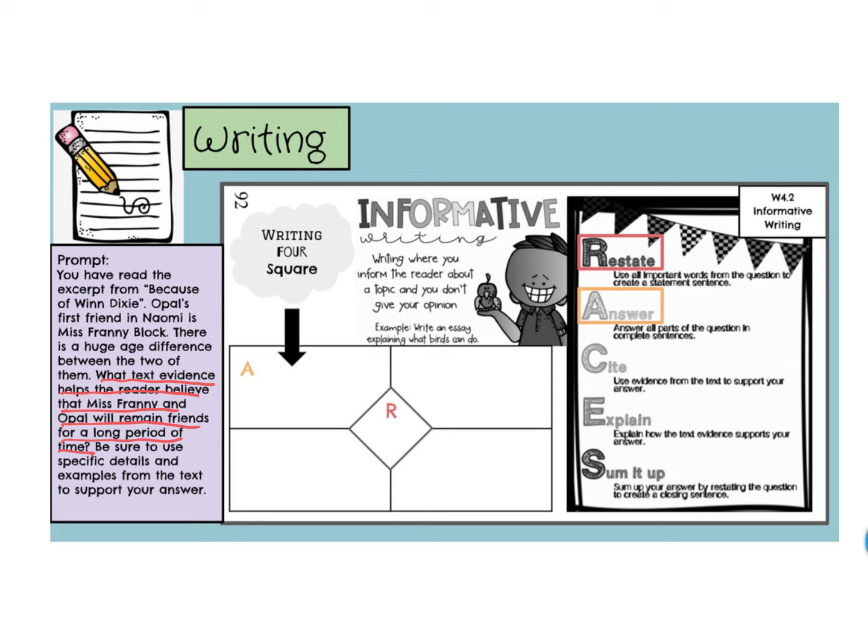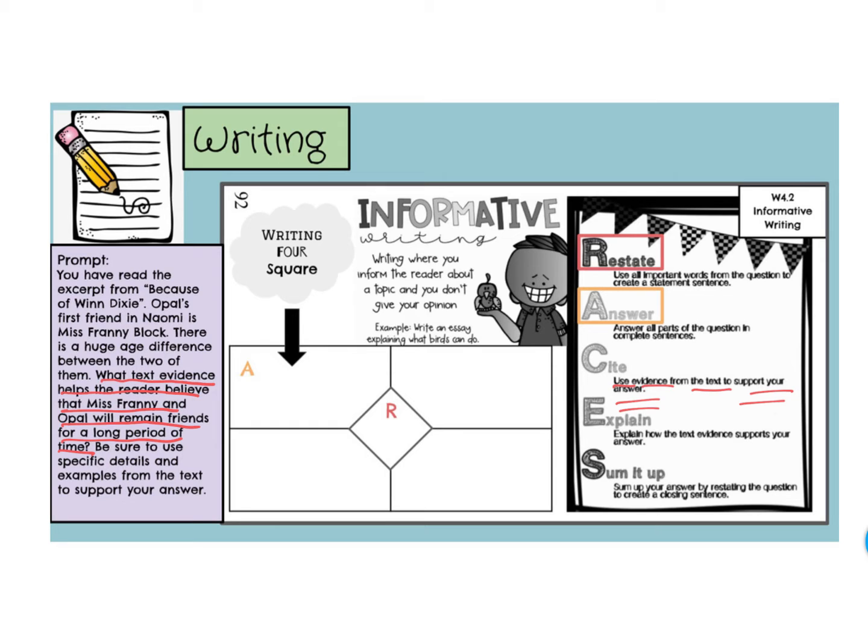It also says, be sure to use specific details and examples from the text to support my answer. I know I'm going to do this when I get to the C in RACES, because C stands for use evidence from the text to support your answer. Well, that's exactly what the prompt says.